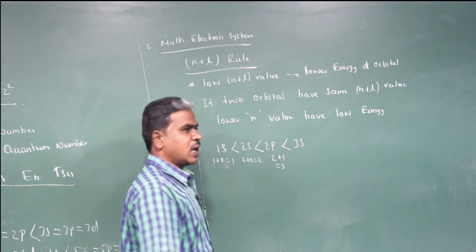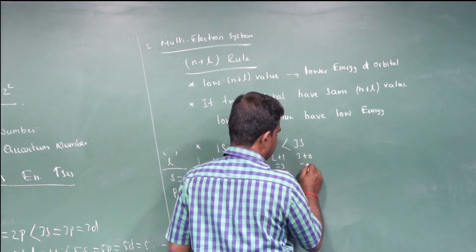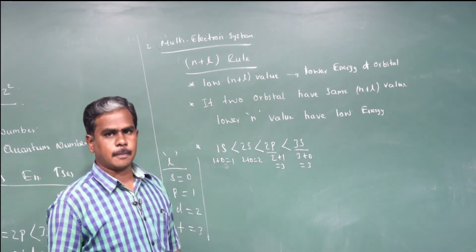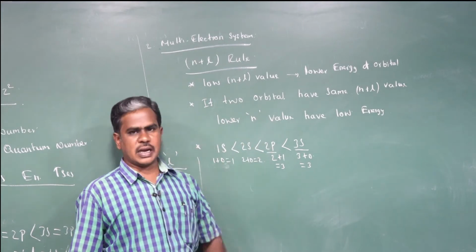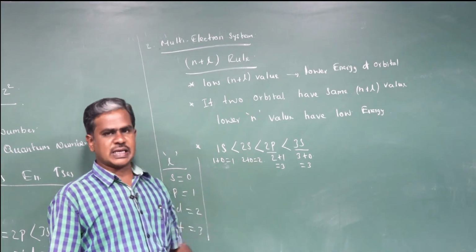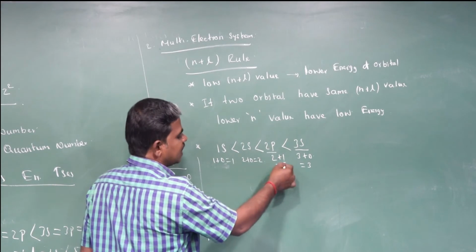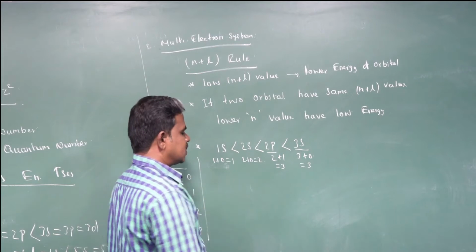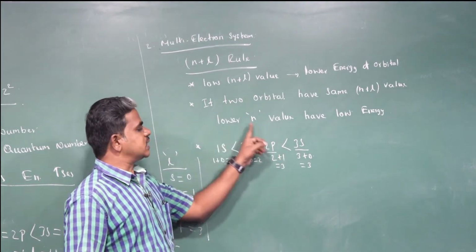For 3s, what is the n plus l value? Here 3 plus 0, so it is 3. Now we compare 2p and 3s. What is the first rule? The lowest n plus l value has lower energy. So 1s has the lowest energy, and after that 2s. Comparing 2p and 3s, we follow the second rule: if they have the same n plus l value, consider the lowest n value.